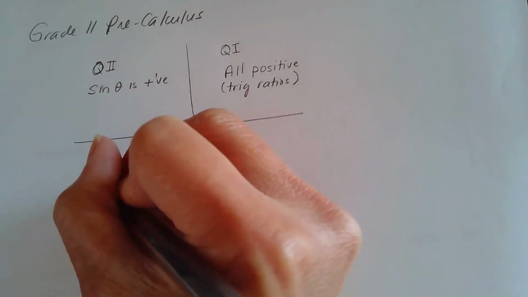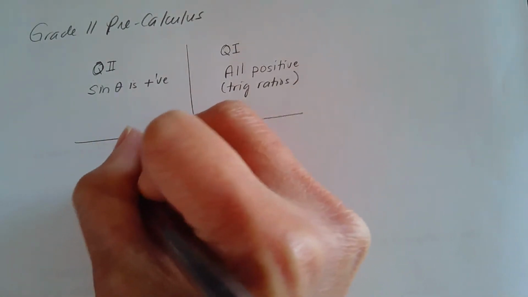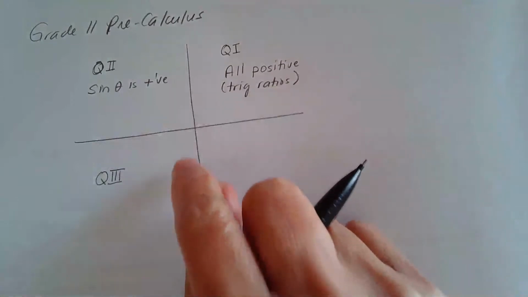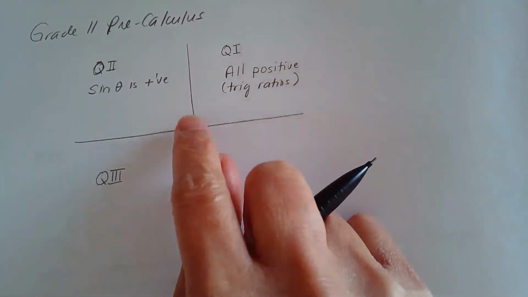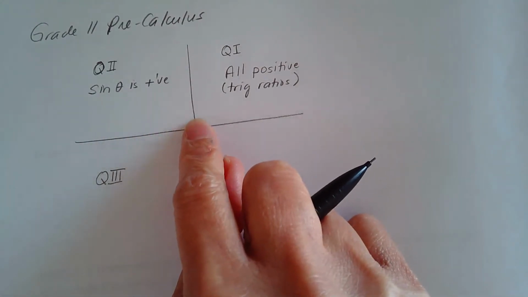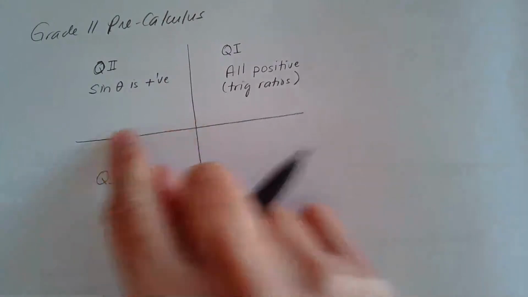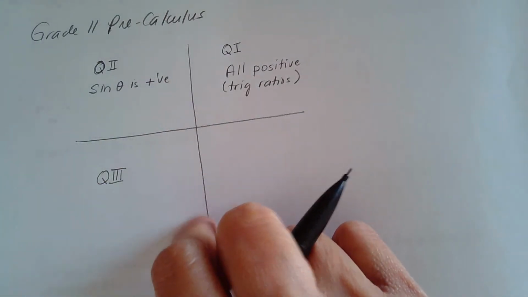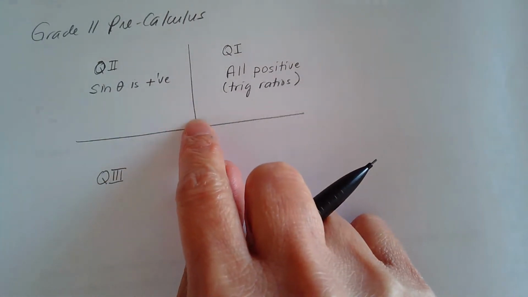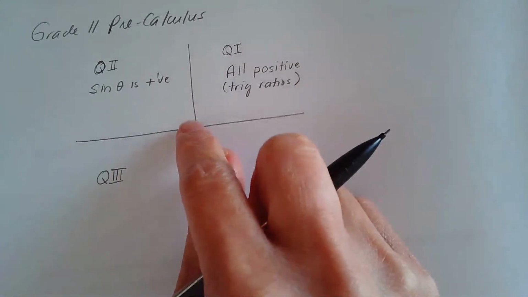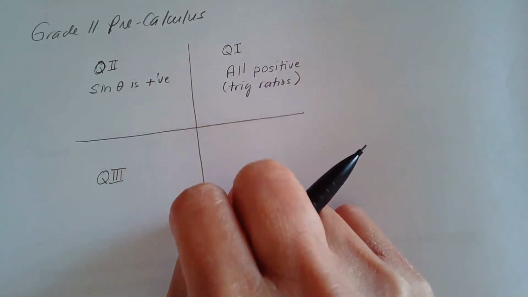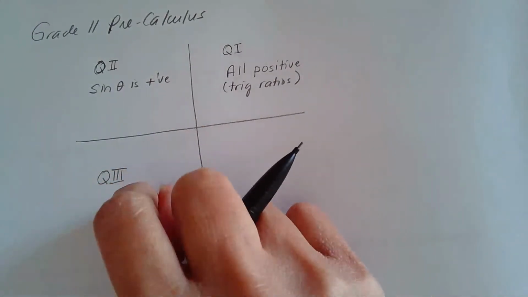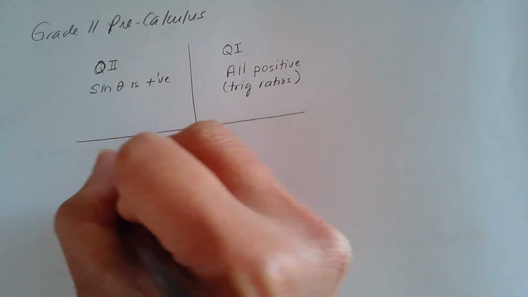Now in quadrant 3, well, what's positive in here? The x is negative, the y is negative. So that means cosine is negative, sine is negative. The only thing that's positive in this case is tangent.